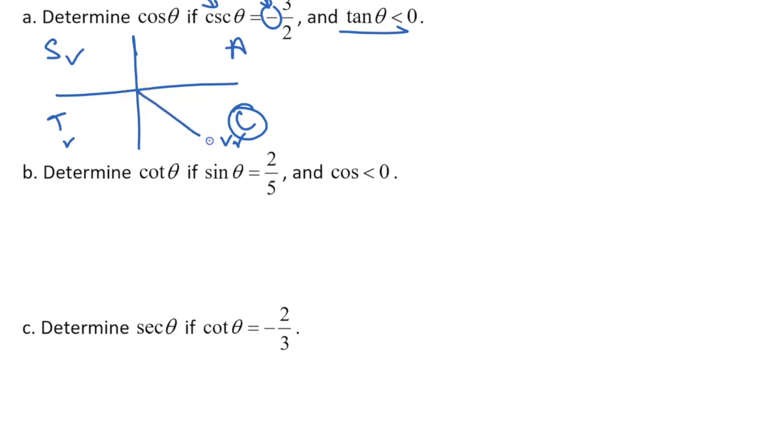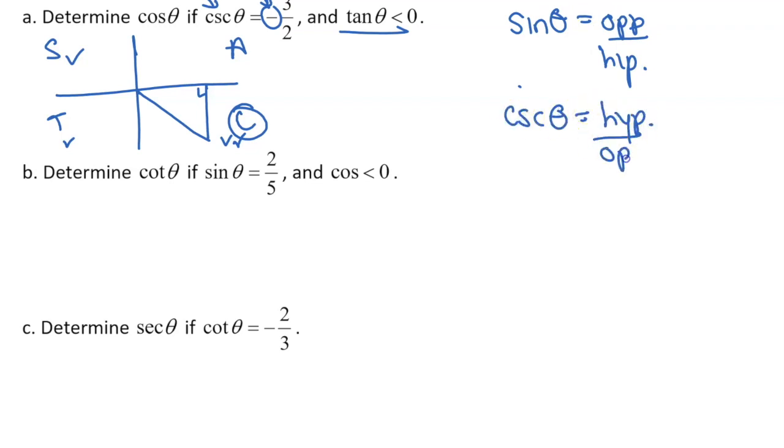So from there, we can draw an angle in quadrant 4. Don't worry about exactly where it is or the proportion of it or anything like that. And we always know that wherever you draw your angle, you draw it perpendicular to the x-axis. And from here, it's telling us that cosecant is -3/2. So we learned earlier that if sine is opposite over hypotenuse, then cosecant, its reciprocal, is going to be hypotenuse over opposite.